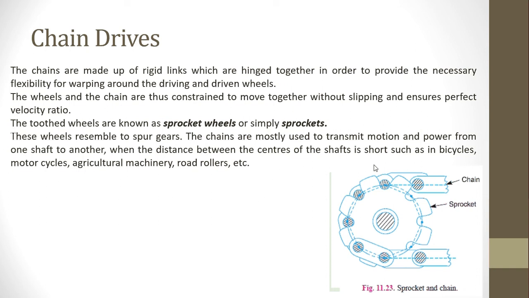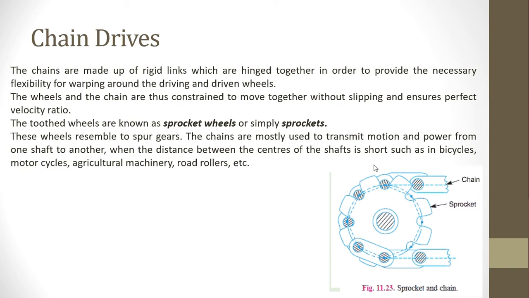They are more or less the same as spur wheels, but the difference is that spur gears mesh with one another. The sprockets do not mesh, they are at a distance, and there is a difference in the thickness and the tooth profiles between the sprocket and the gears. So the difference between the gear and the sprocket will be quite clear for you.